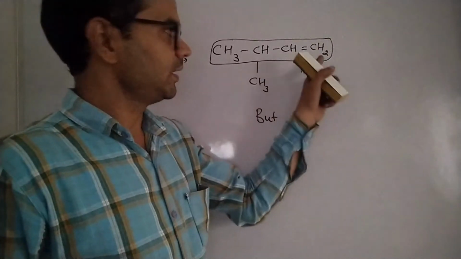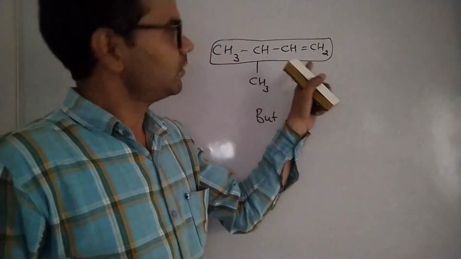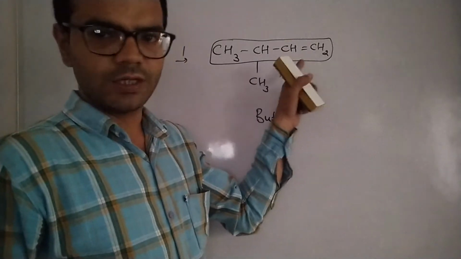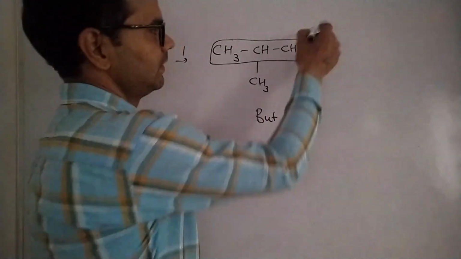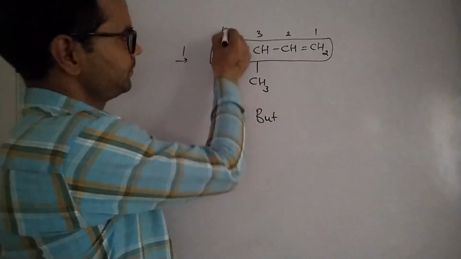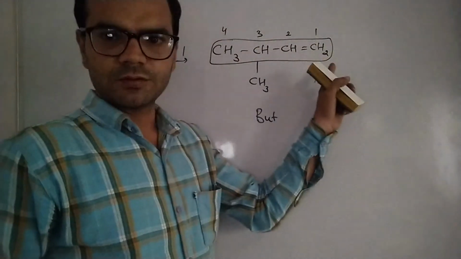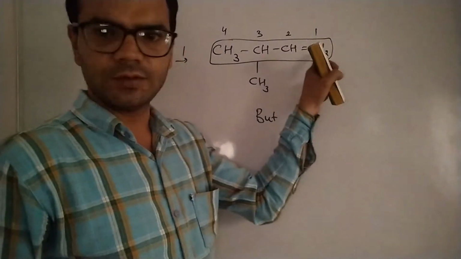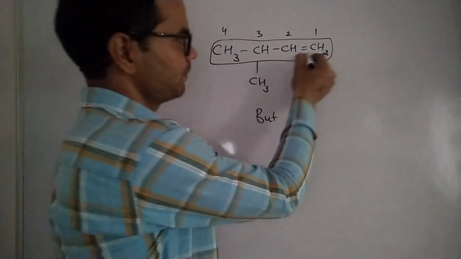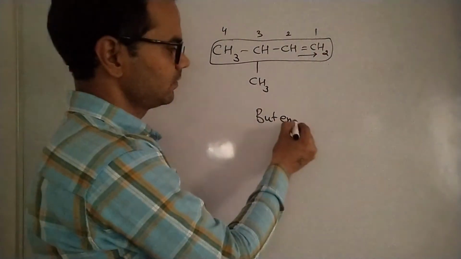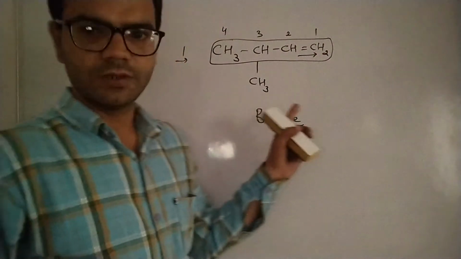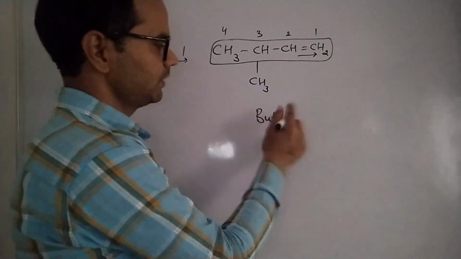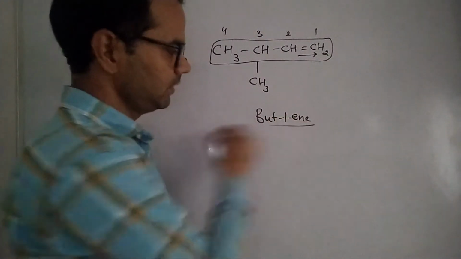The carbon containing the multiple bond will be given the least number. For example, 1, 2, 3, 4. So this carbon will be the first carbon. Now the carbon-carbon double bond is there, so the primary suffix is ene, and it is present at the first carbon, so but-1-ene.